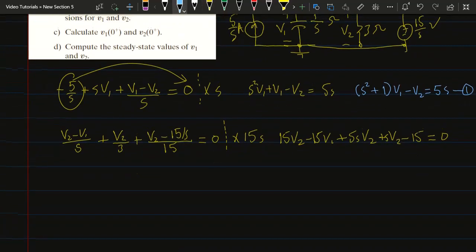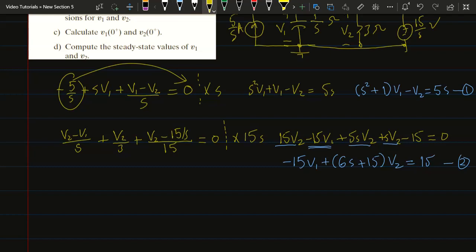And then by collecting similar terms, I have v1 appears only here, so I have minus 15 v1, and for v2 it appeared here, here and here, so I have 3 terms, so that's plus 6s plus 15 v2, and on the other side I have the 15, and this is equation number 2.